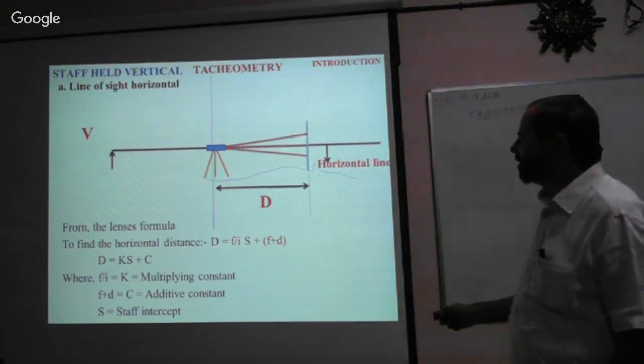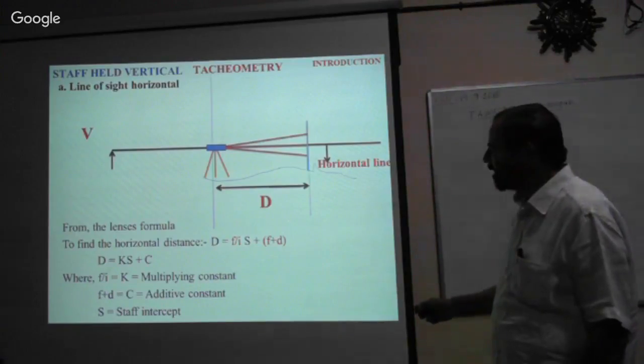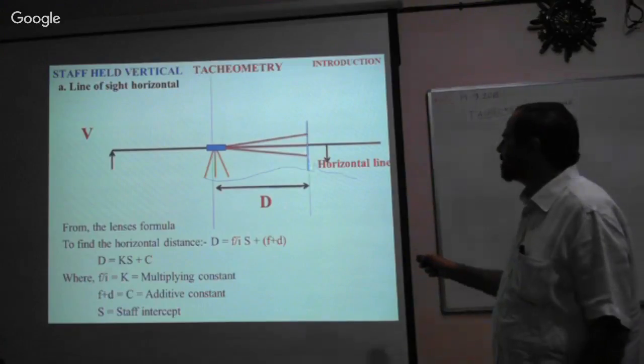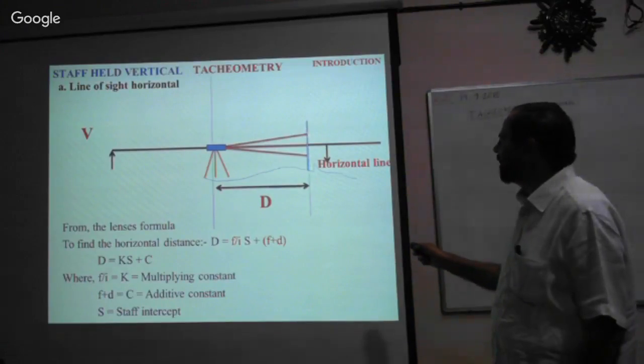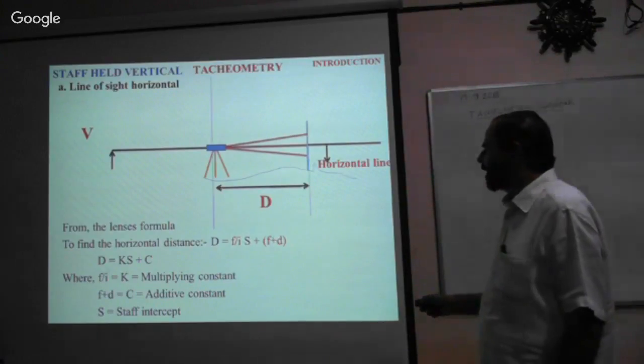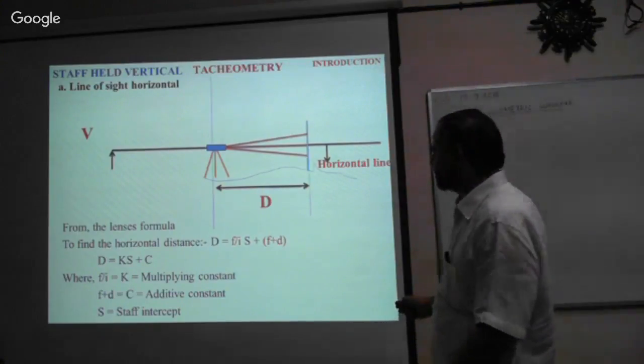Now this is the instrument constant, that is 100. Write down 100 multiplied by the top intercept, the difference between the top hair reading and the bottom hair reading. Then there is the additive constant, which is given by the instrument supplier.